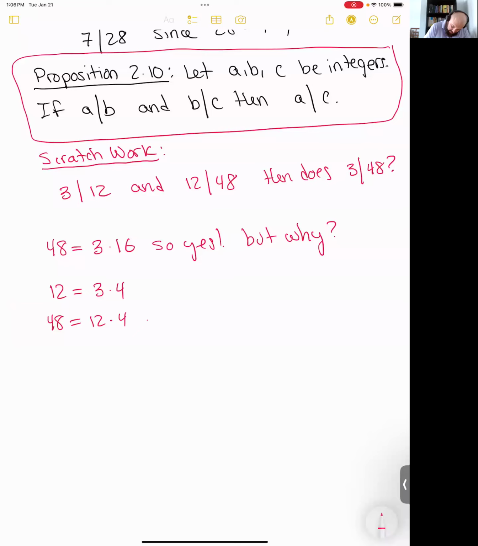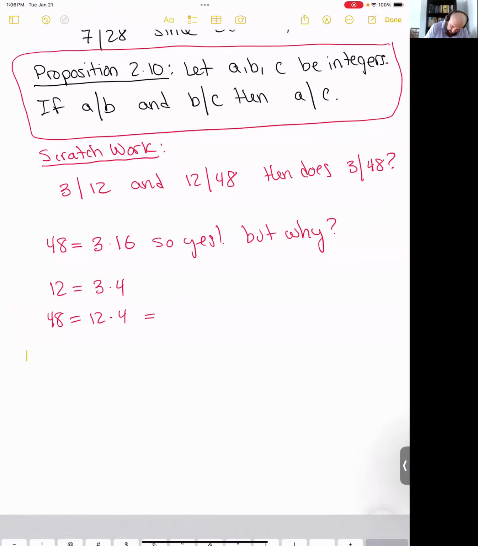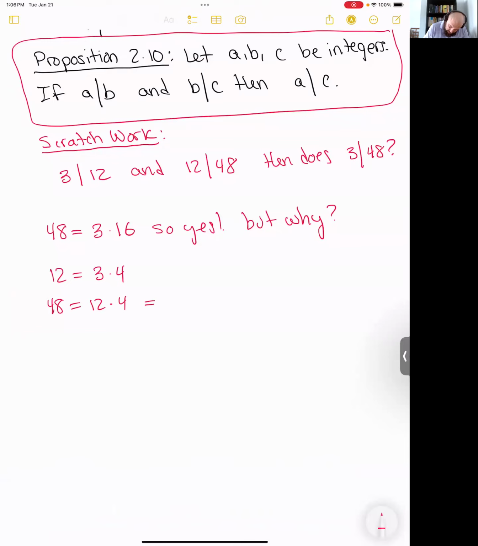The point is that I can use my previous observation about 12 being 3 times 4 to say that 48 is equal to 3 times 4 times 4. So this whole thing is like 3 times 4 times 4, and that's like 3 times 16, right?